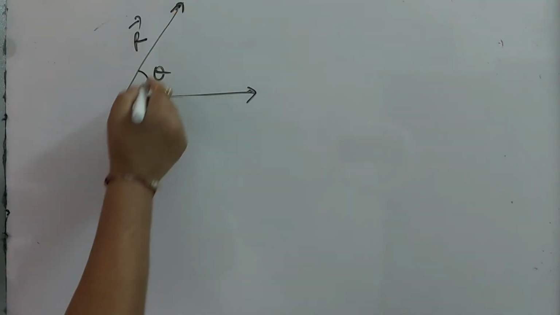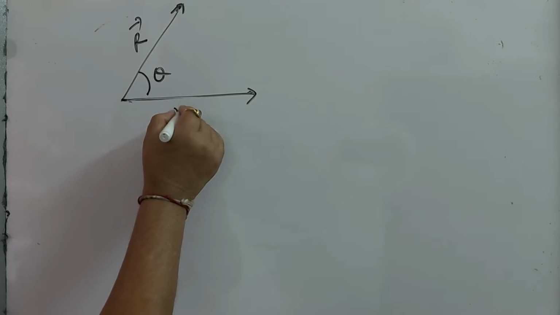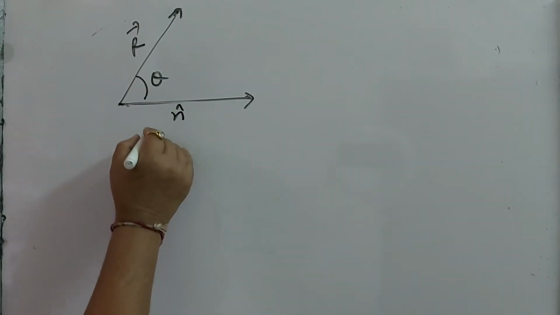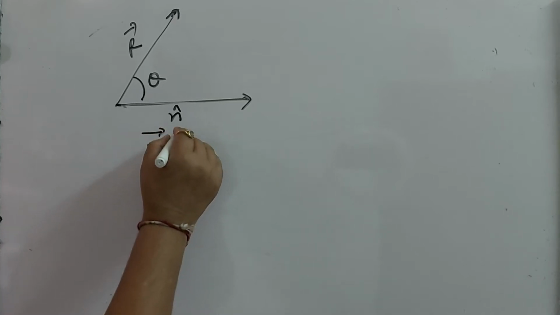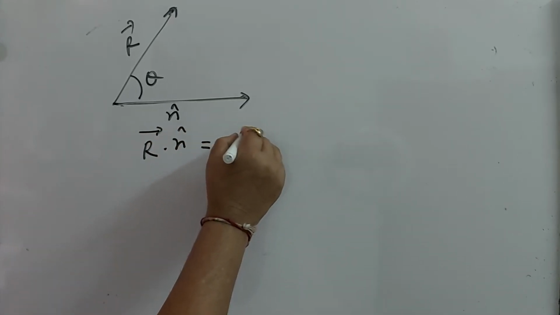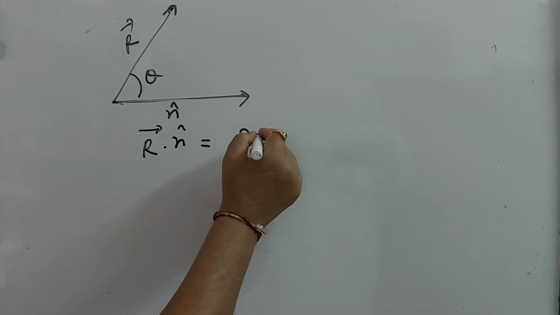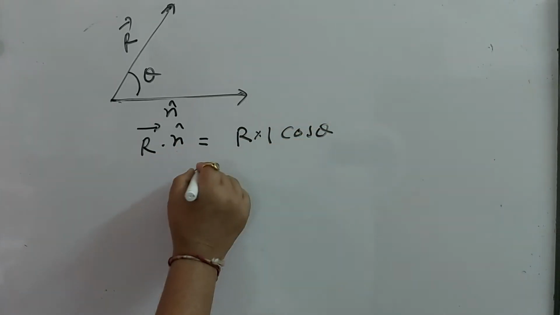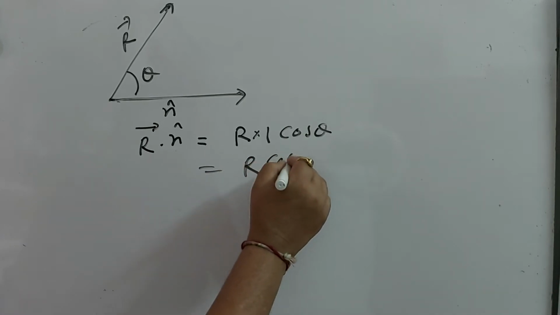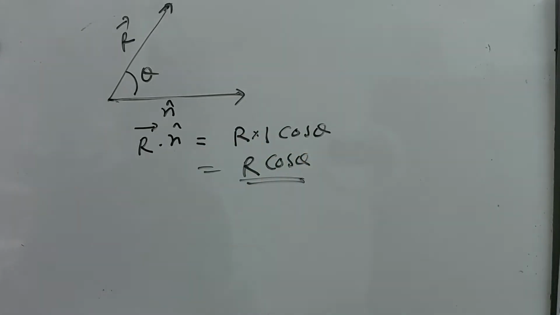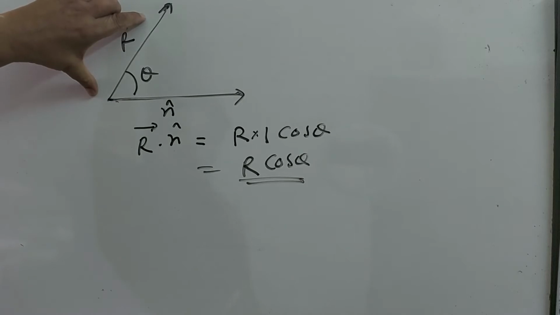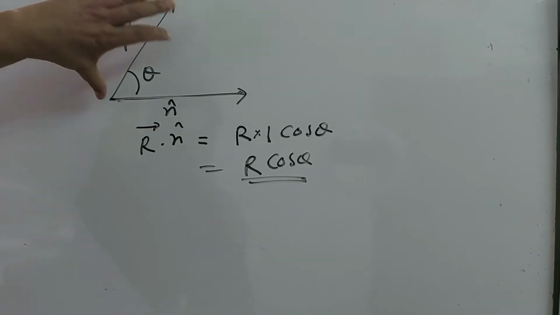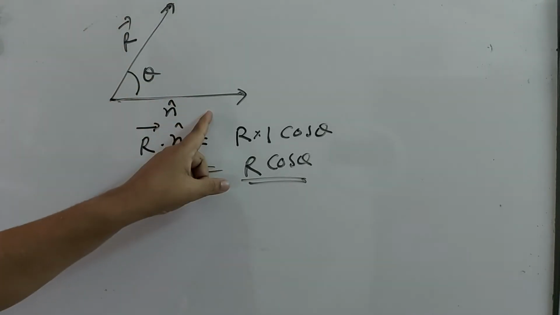Suppose we know the unit vector along this line, n cap. Then R vector dot n will be equal to R, and this is 1 because the magnitude of n is 1, and this is equal to R cos theta. So the component of this vector along this line can be given by this dot the unit vector along this.